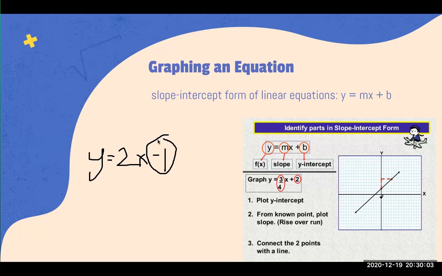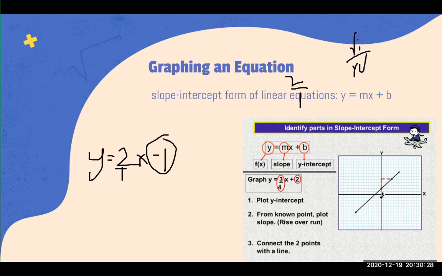Since slope is rise over run, right? Rise means how much it goes up, and a whole number is 2 over 1, right? So you have 2 as the rise and 1 as the run.